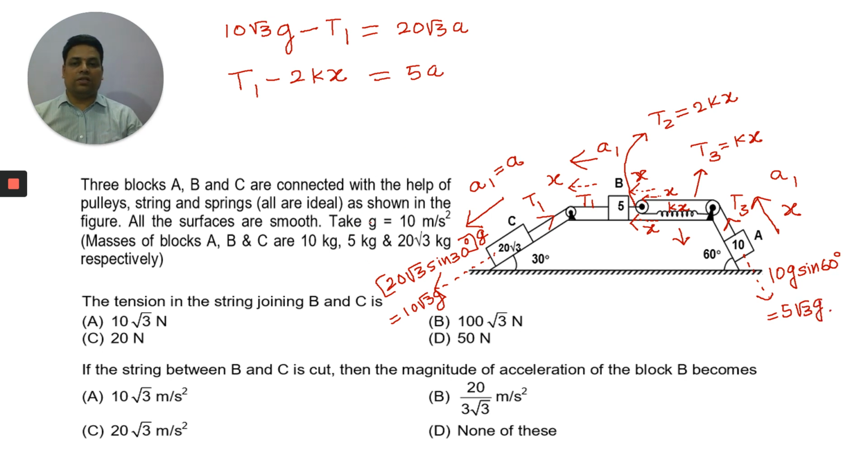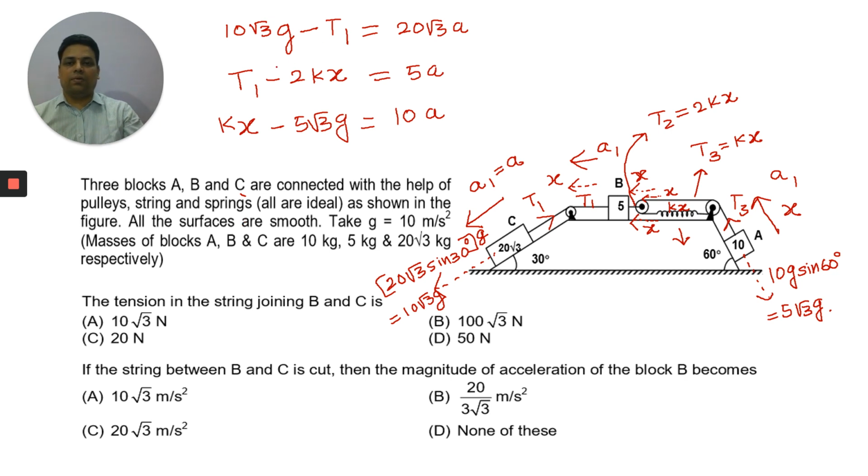So we can write T3, that is kx, minus 5 root 3 g is equal to the product of mass and acceleration of that block. So now, to find the acceleration, we can eliminate the terms.